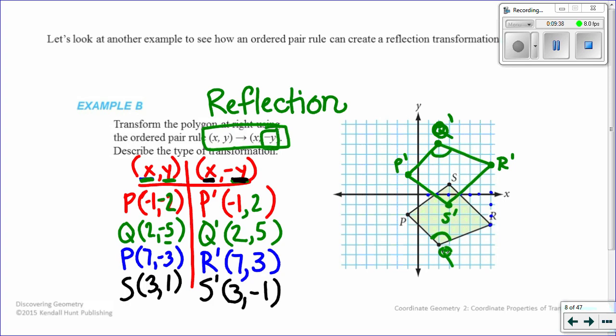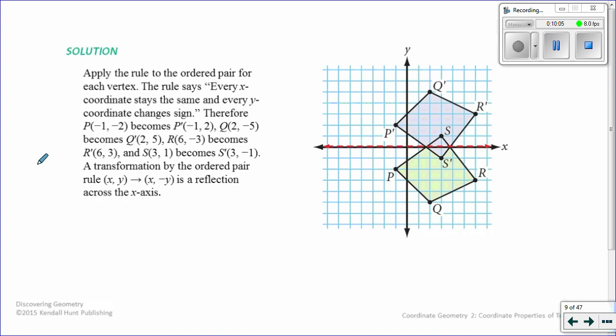Now this is a reflection across the x-axis, right? So it flipped from down here across the x-axis up to here. That's the line of reflection that it's flipped across. So when my y is the opposite of what it was before, it's a reflection across the x-axis. Okay.